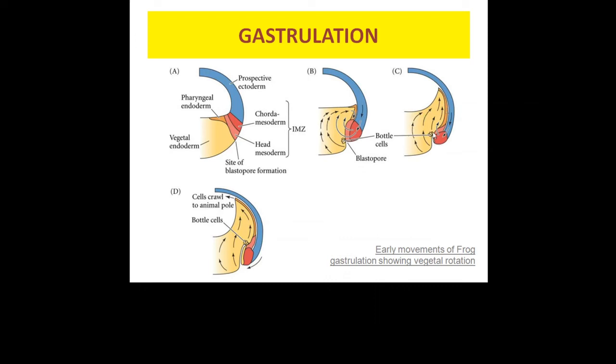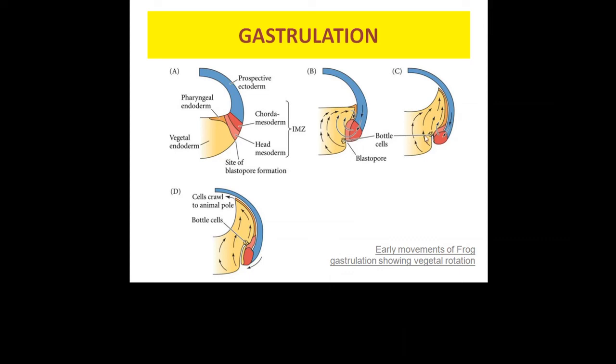Also, as these cells move inside, a slit opens on the surface which is called dorsal blastopore lip. As the cells on the surface start involution, a group of cells appear which are being dragged towards the inside while still maintaining contact with the surface, and because they are elongated, because one end of them is being dragged inside and the other end is still maintaining contact with the surface, they acquire the shape of a bottle.